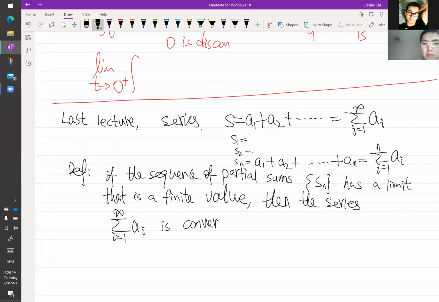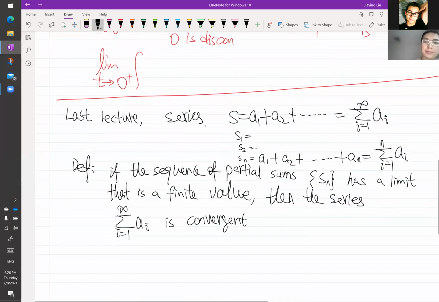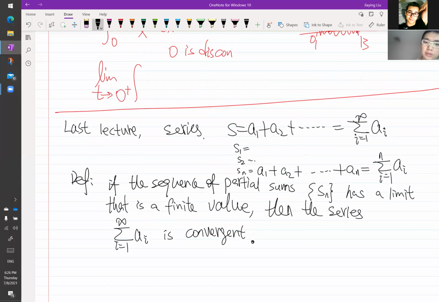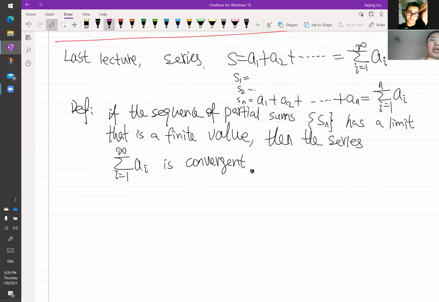So you can figure out whether a series is convergent by making a list of partial sums, then looking at the sequence of partial sums and trying to find the limit from there. Right, so that's the definition.